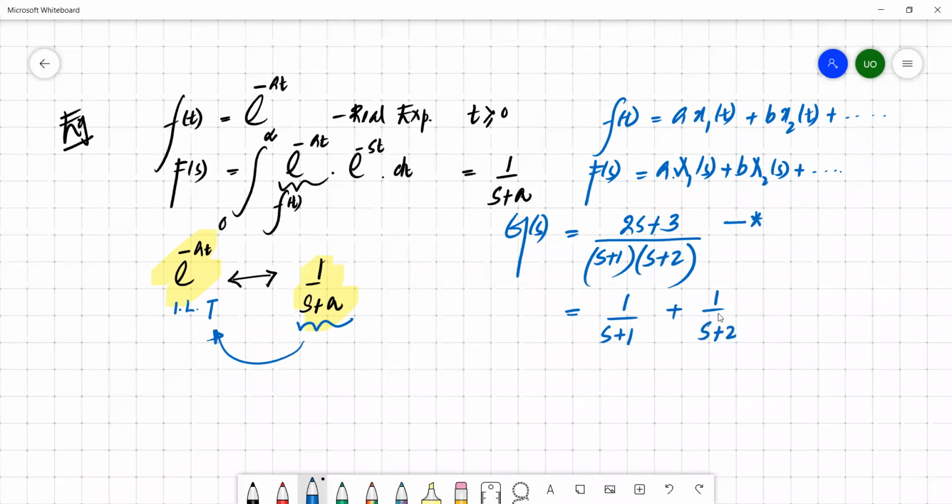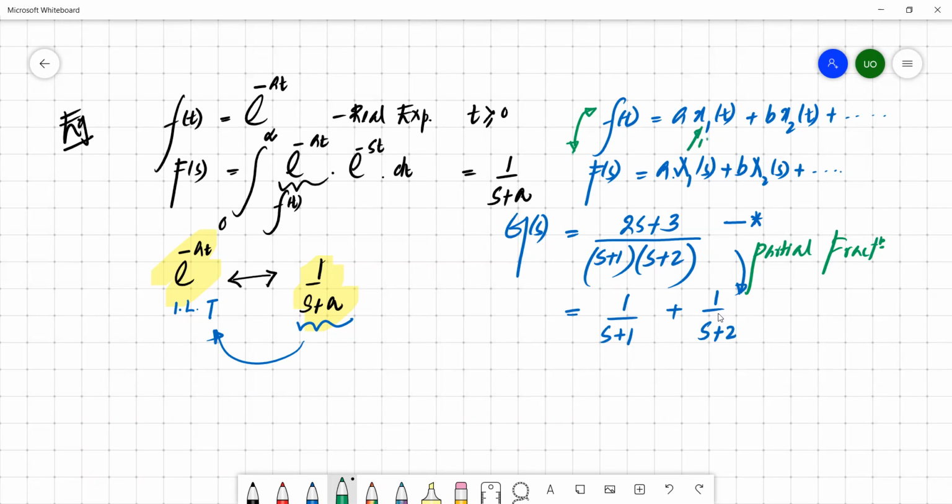If you do the partial fraction, you can convert it to this kind of summation of different terms. Then using this linearity property, if this is the S domain function, you can immediately move back into time domain by taking the inverse Laplace.